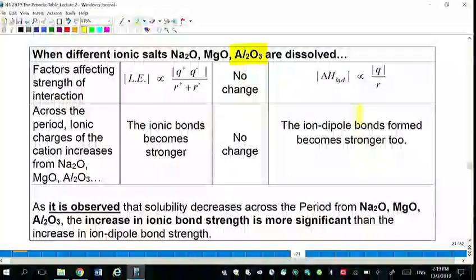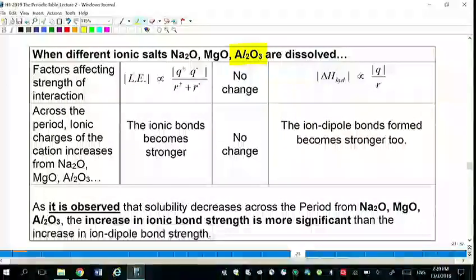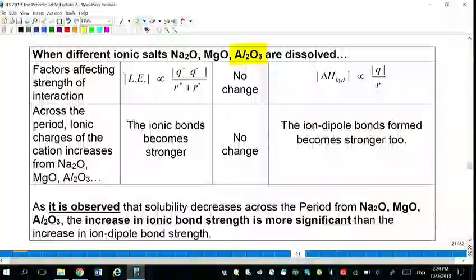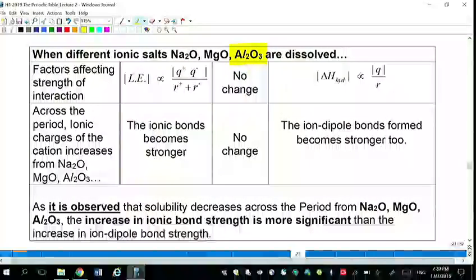But the energy released from the ion-dipole interaction also depends on the charge on the cation. The charge is higher, but the increase is relatively smaller, so the energy released from the ion-dipole interaction between Al3+ ions and water molecules is not enough to break the stronger ionic bonds formed between Al3+ and O2-.